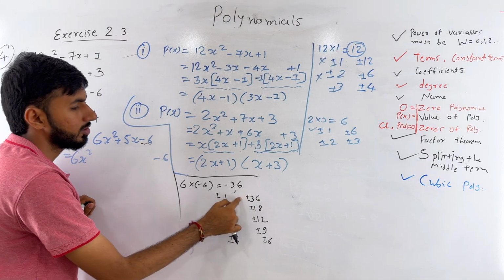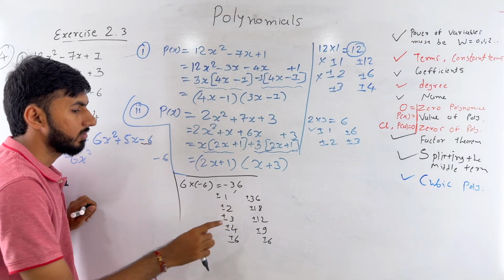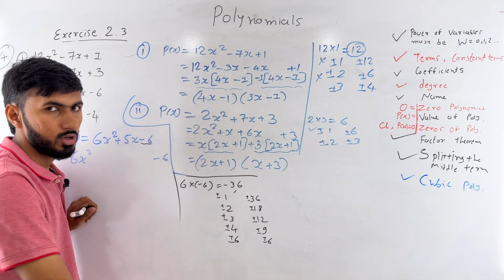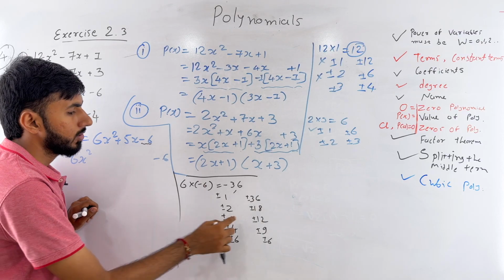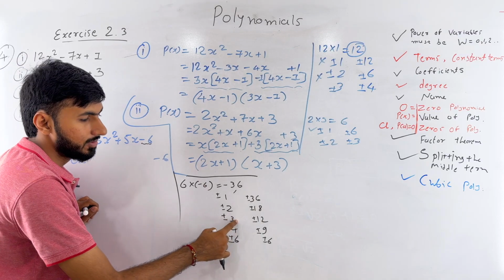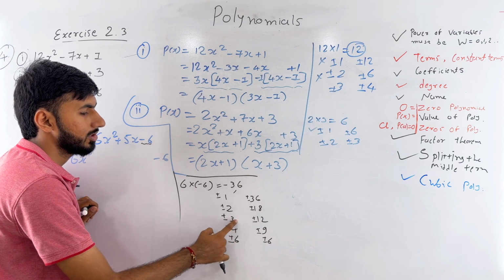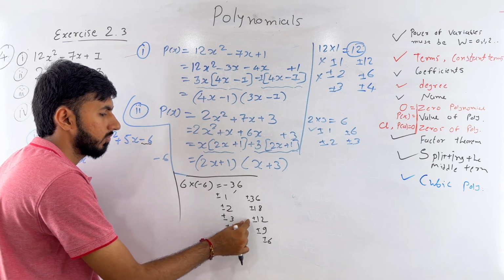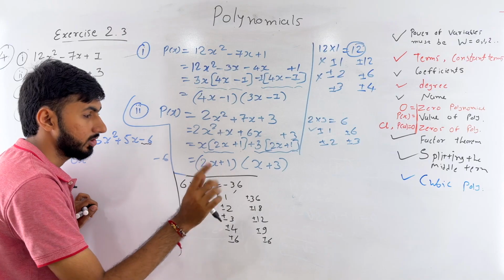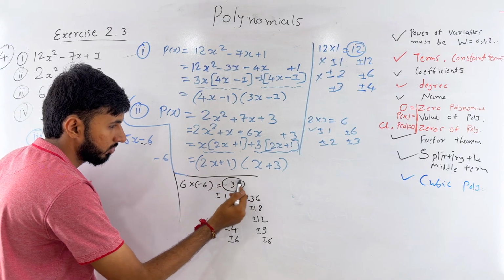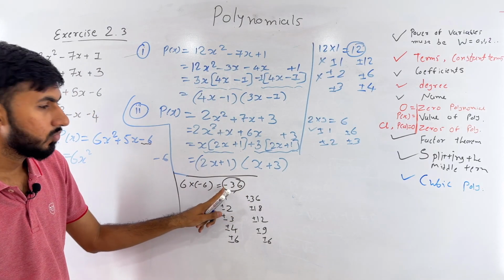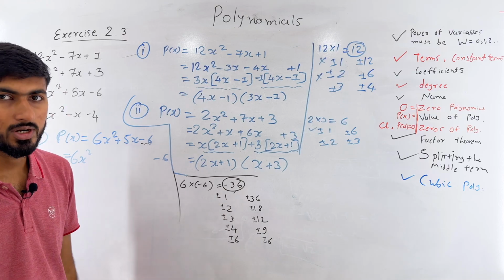Now if I use 36 and 1, I have no chance to get 5. If I use 18 and 2, no chance to get 5, right? If I use 12 and 3, then again I have no chance. You have to notice one thing. I have multiplication as minus 36, right?